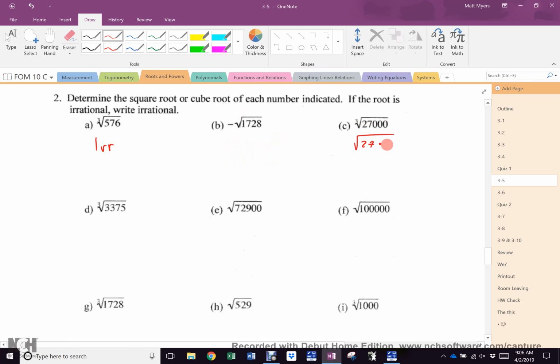Times what? 27 times 1,000. Is that on the list? Yeah. So that's the cubed root of 27 times the cubed root of 1,000, right? What's the cubed root of 27? 3 from our list. What's the cubed root of 1,000? 10. What's 3 times 10? Everybody see how it works?